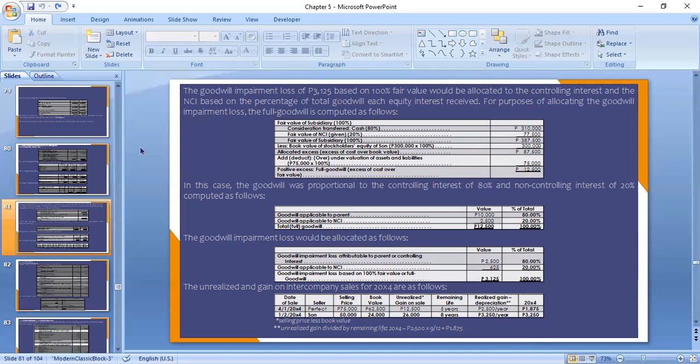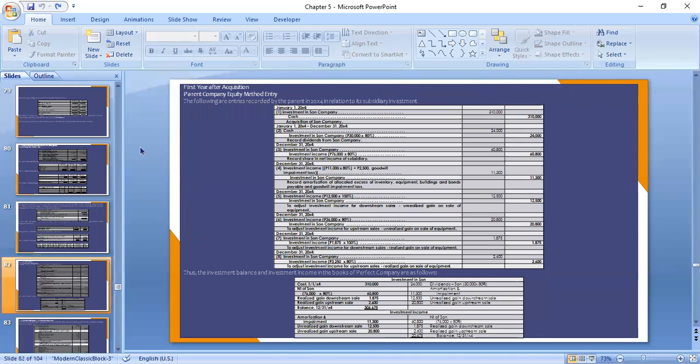Now, here we are giving the unrealized gain on sales. Okay, so we have now the impairment loss. And here again, we have the journal entries.